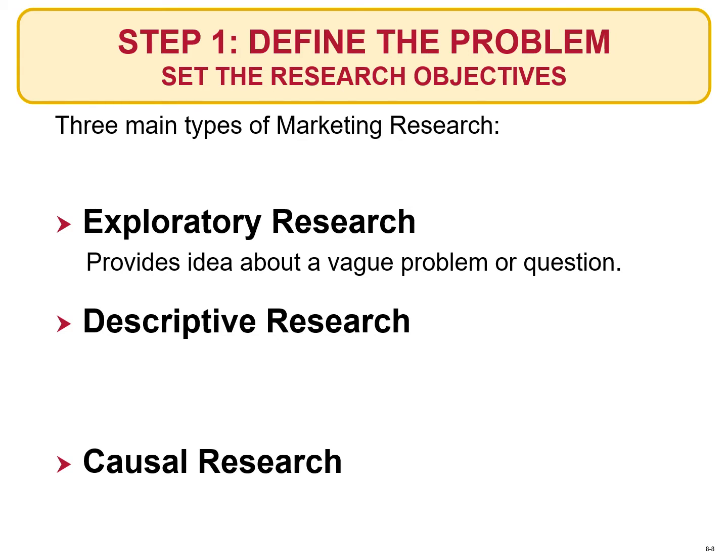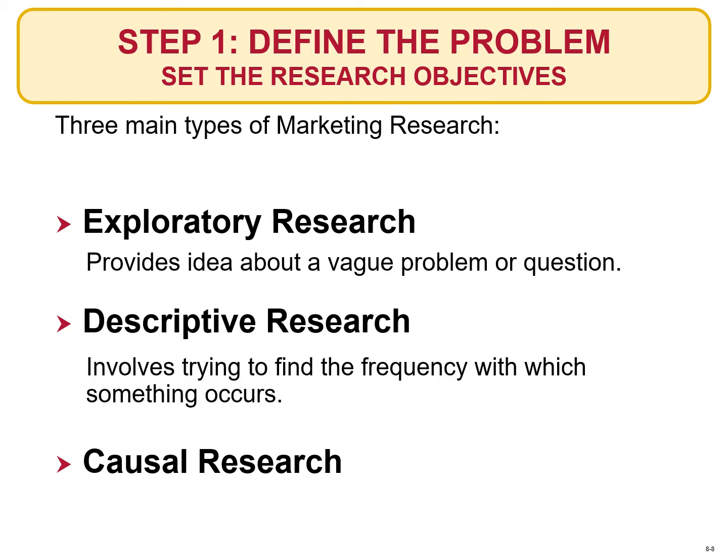So the next type of research is descriptive research, which involves trying to find the frequency with which something occurs. Let's say, for example, we have a client who wants to open a new coffee shop in Jackson. If they want to open a new coffee shop, we want to know as researchers how many people in Jackson are coffee drinkers, and how many of those are males, how many are females, how many are others.